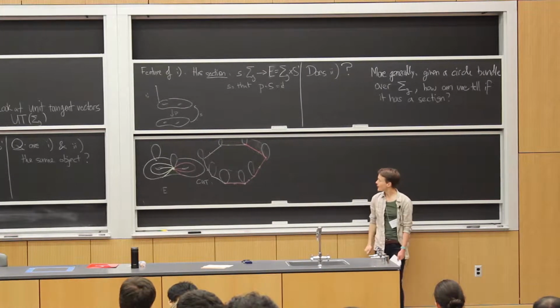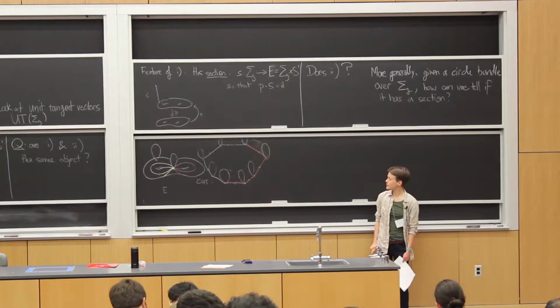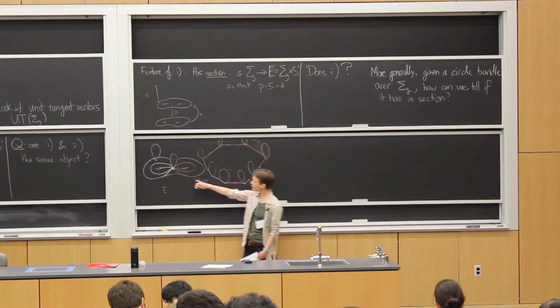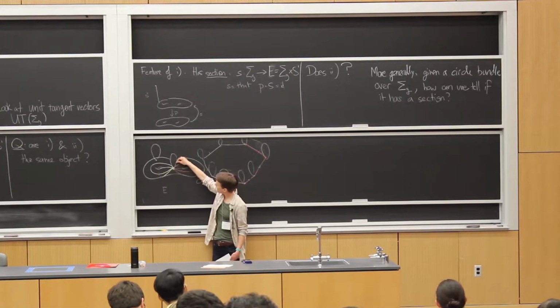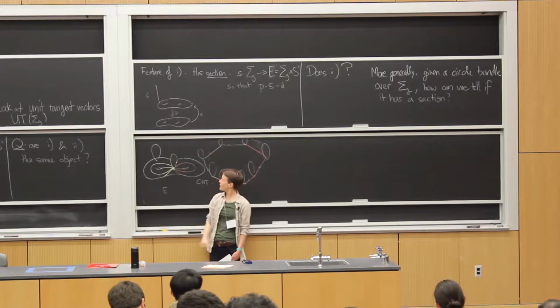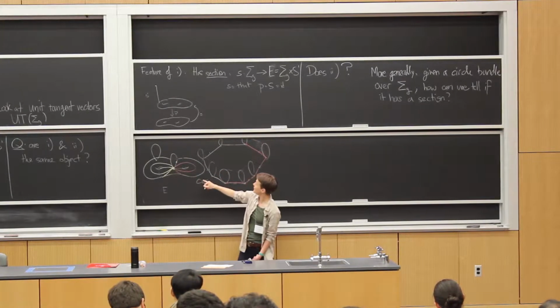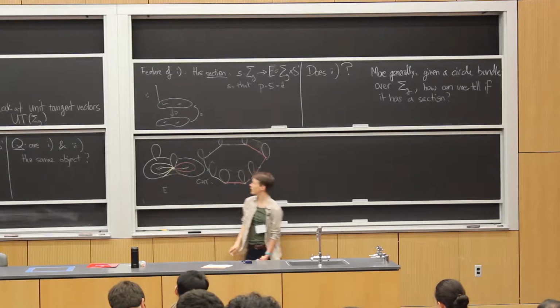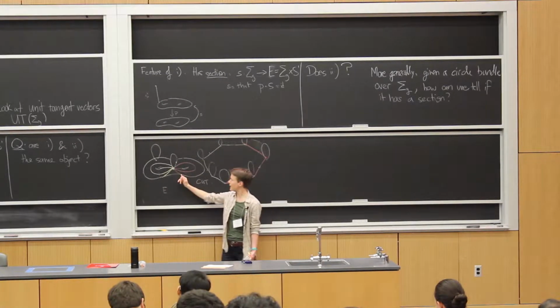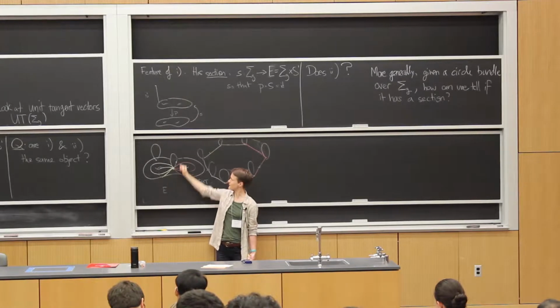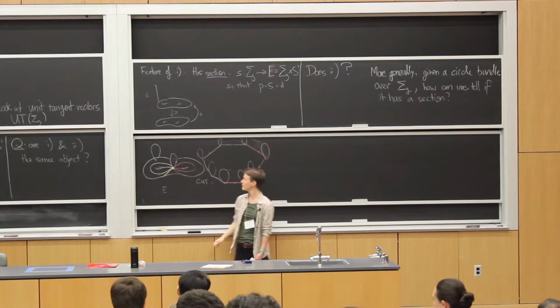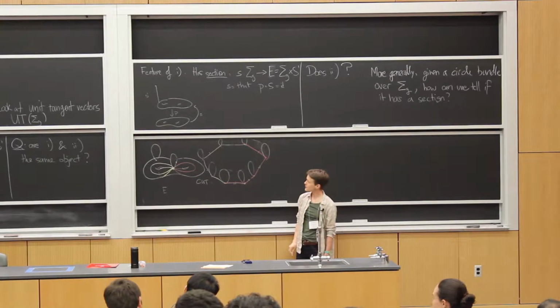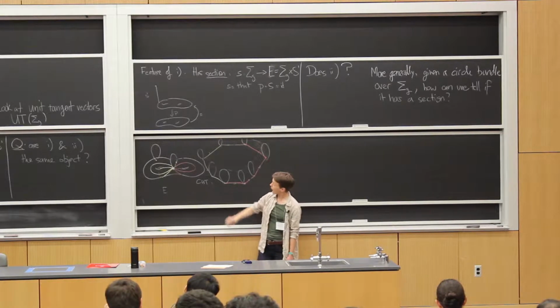Okay, let's try and build a section of this bundle. What that means is at every point in the fiber, I want to pick out a point that will be S of that point in my surface, and I want to do that in a way so I actually get a continuous map from the surface into this space. Okay. So let's just see what happens.